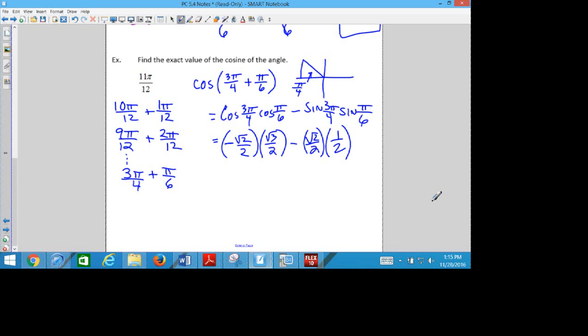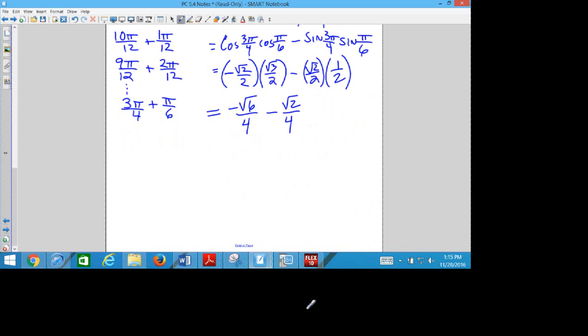Can we multiply radicals together? Yes, you can multiply radicals together. Can we subtract radicals? Not if they don't have the same number underneath them. So I get negative square root of 6 minus square root of 2 all over 4.